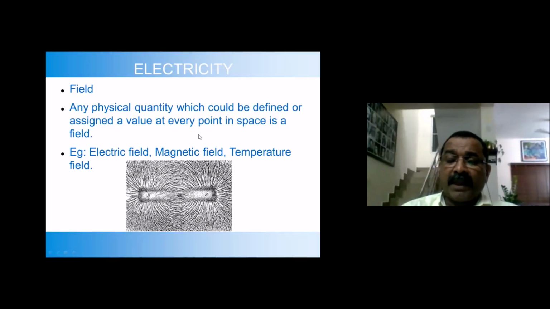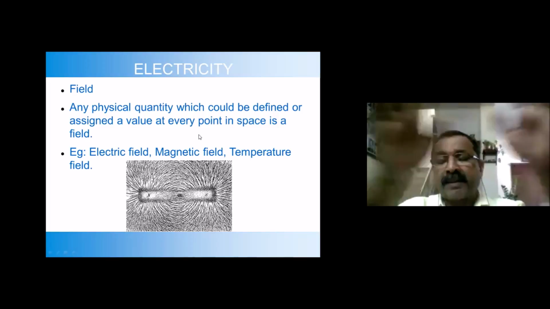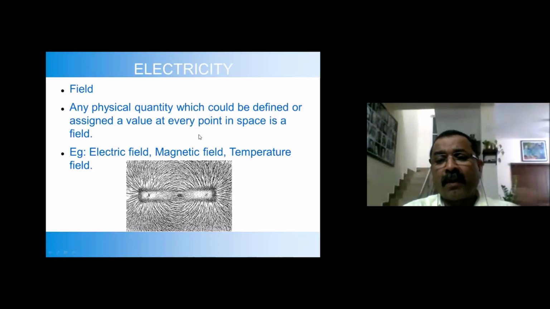If we put a charge in a room, its influence is filled all over that room. So we will say that the room is filled with electrical field.